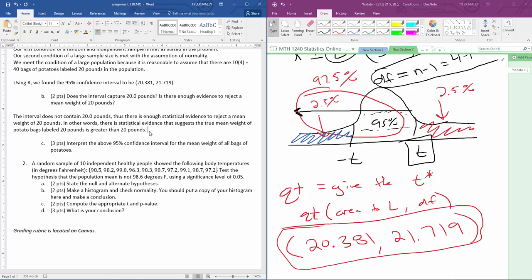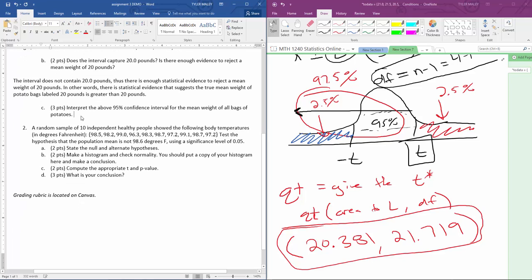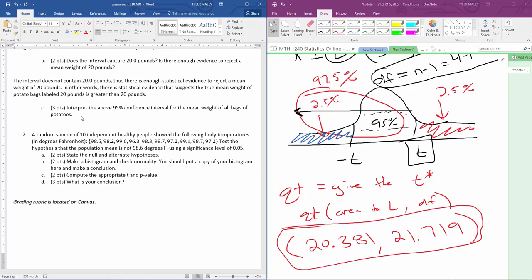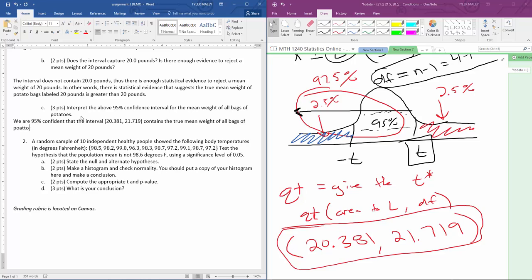So now we need to interpret the 95% confidence interval. We could say we are 95% confident that the interval, 20.381 to 21.719, contains the true mean weight of all bags of potatoes labeled 20 pounds.